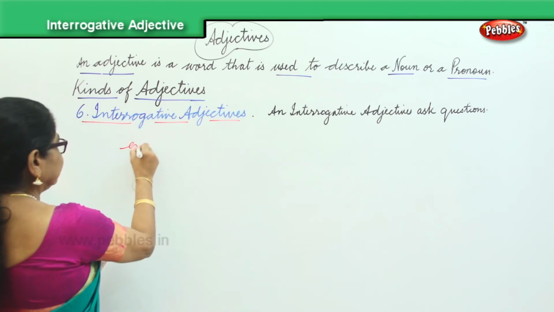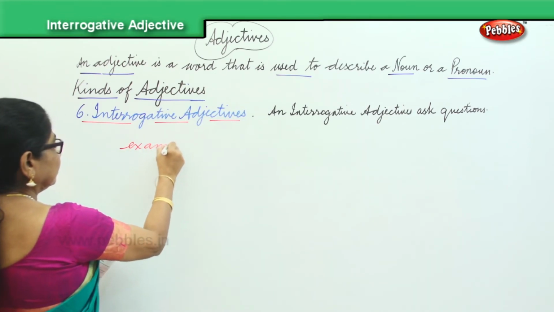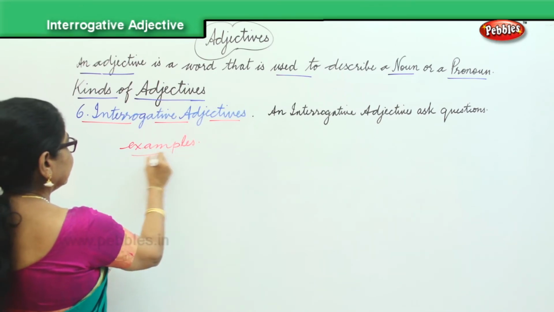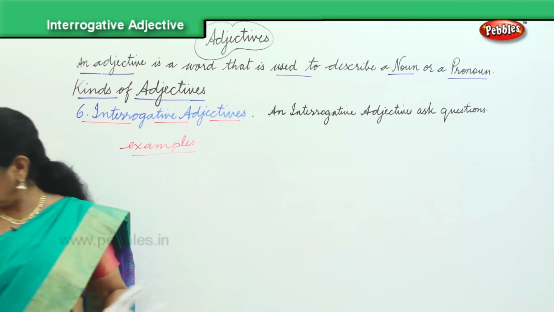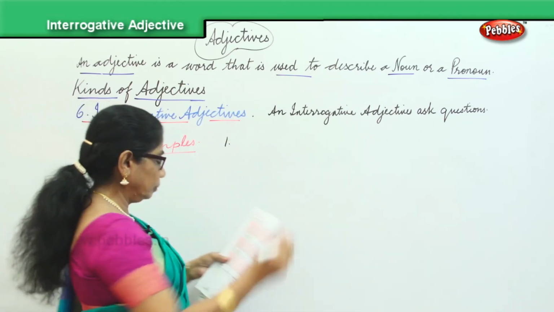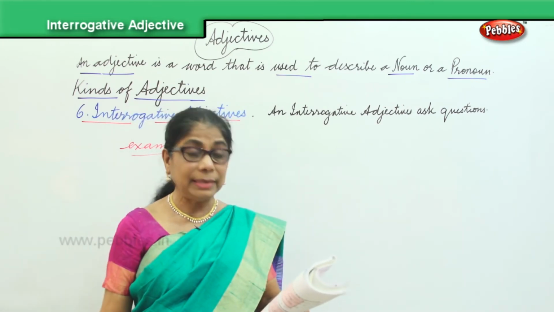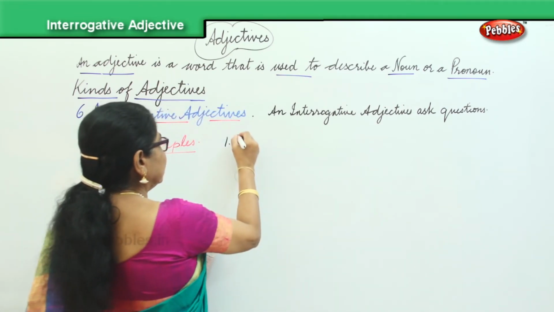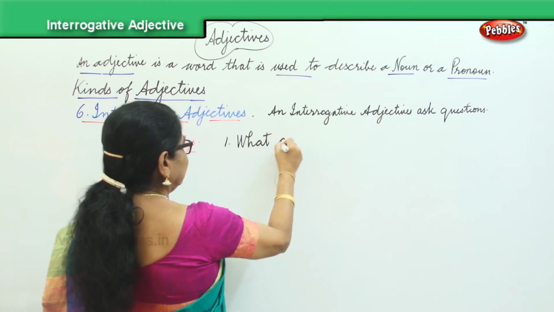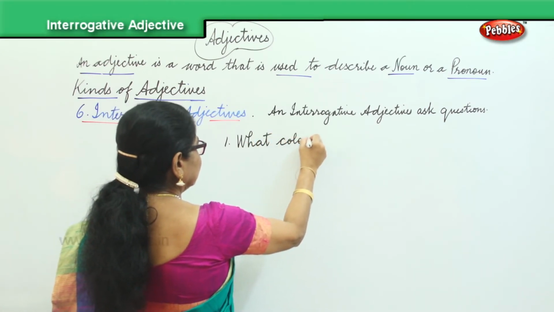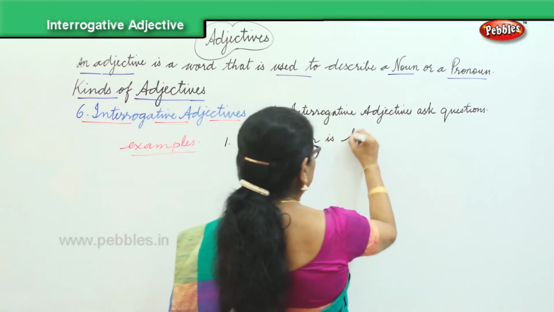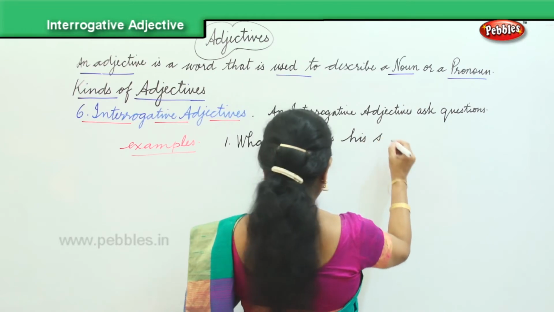Examples: What color is his shirt? What color is his shirt?